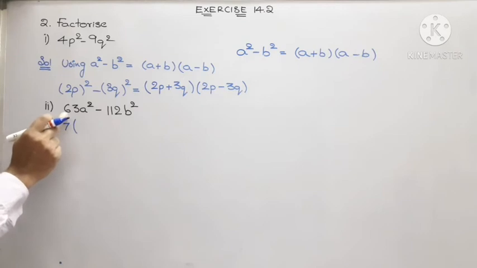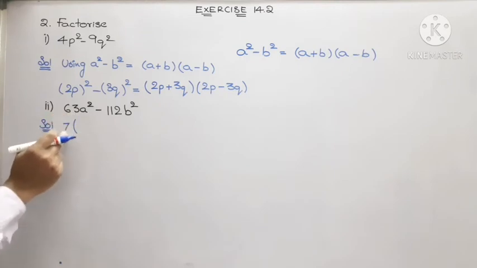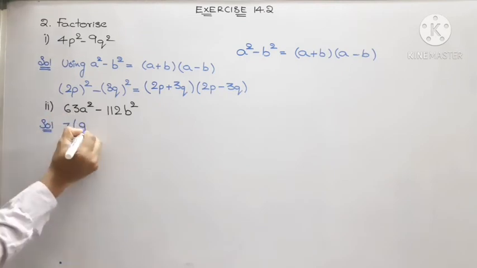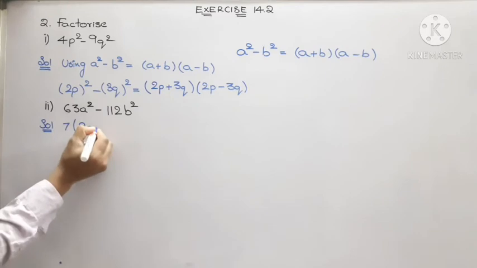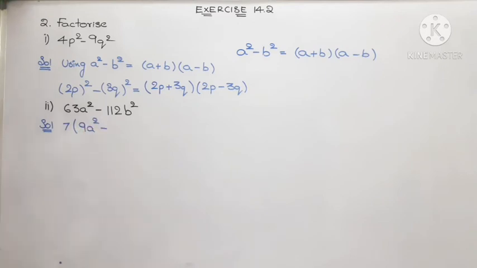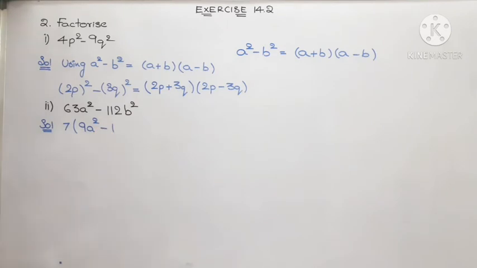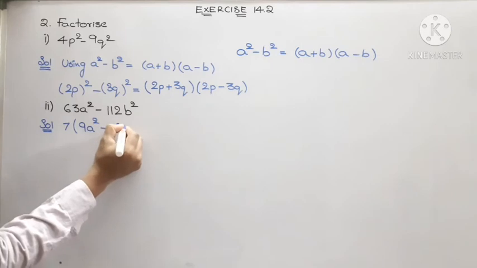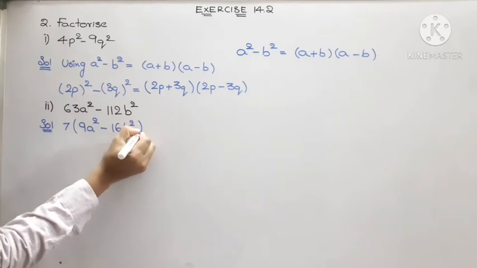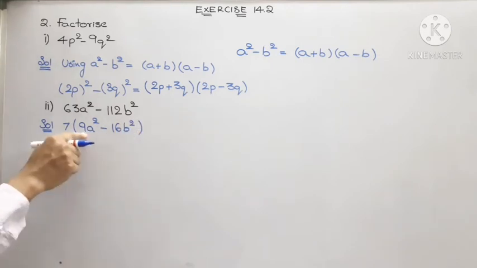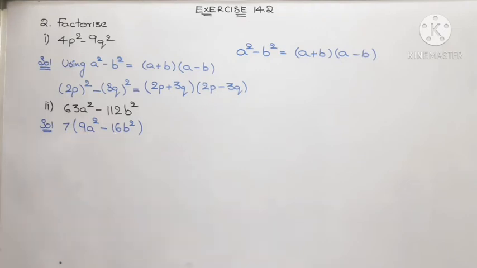If we take out 7 from 63, inside you will have 9a square minus, here 7 sixteens are 112, so 16b square. Now if you observe, 9 is a perfect square number and 16 is also a perfect square number.